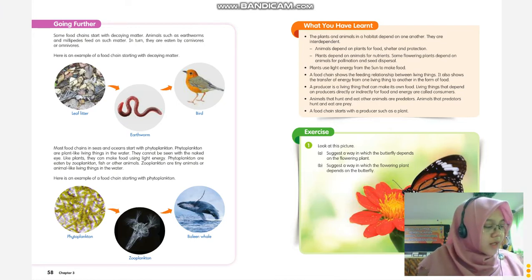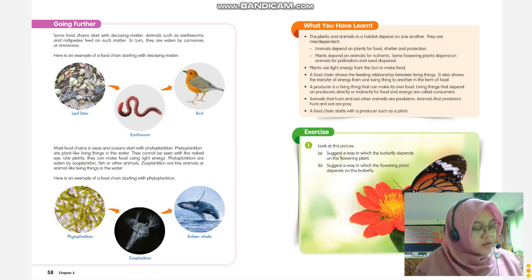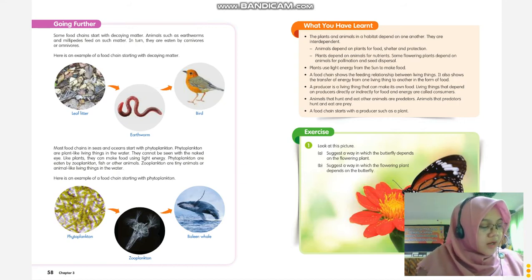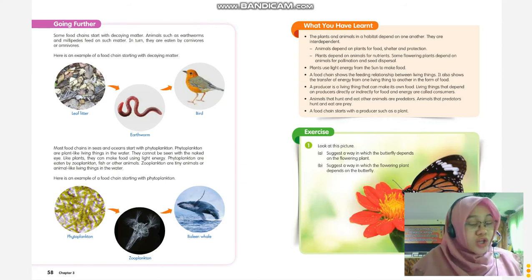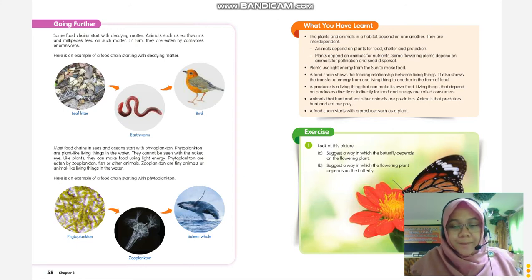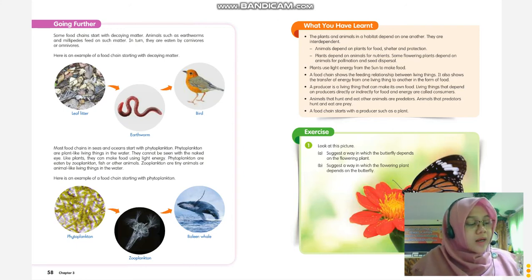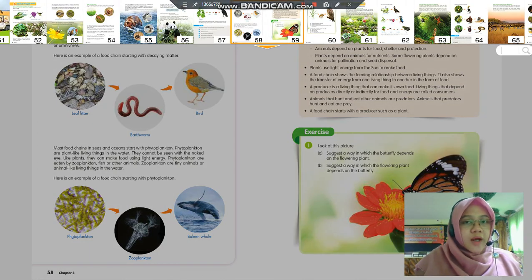Bunga ya, bunga yang sedang proses penyerbukan dibantu oleh kupu-kupu. Nah, kupu-kupunya sedang mengambil sari-sari madu, nektar from the flower. Oke, ini adalah salah satu contoh dari apa? Dari rantai makanan, karena si kupu-kupu mengambil nektar yang ada di bunga.